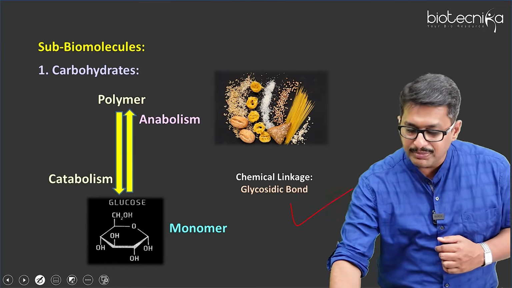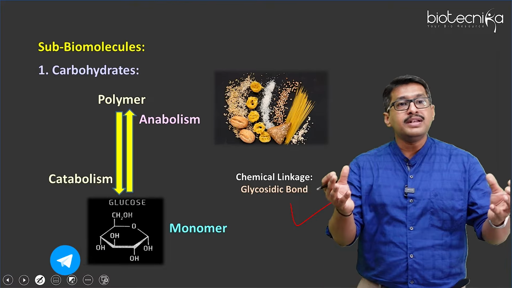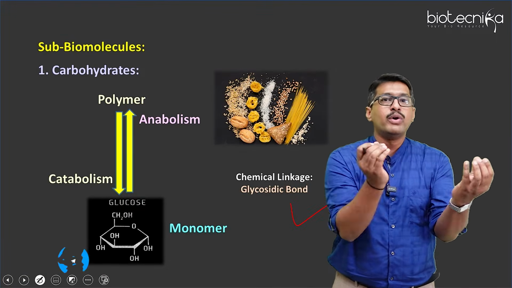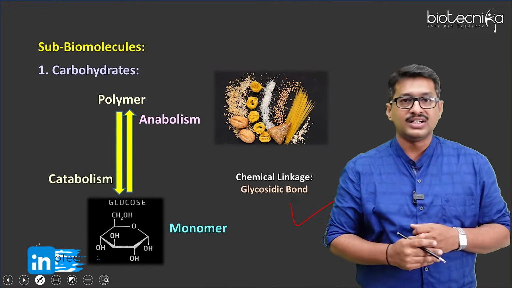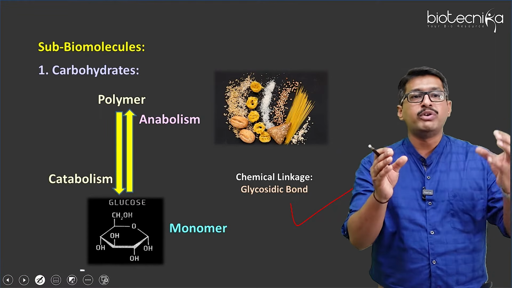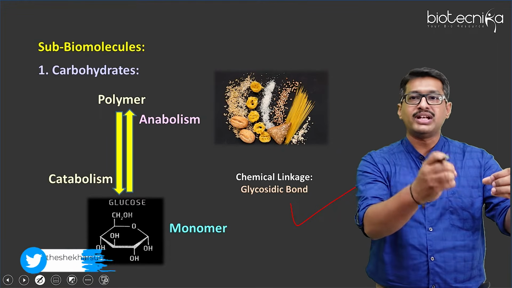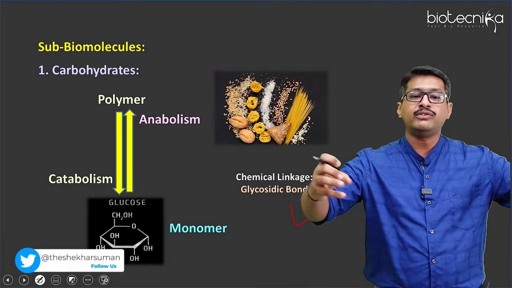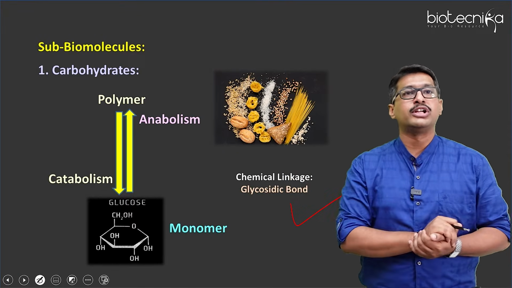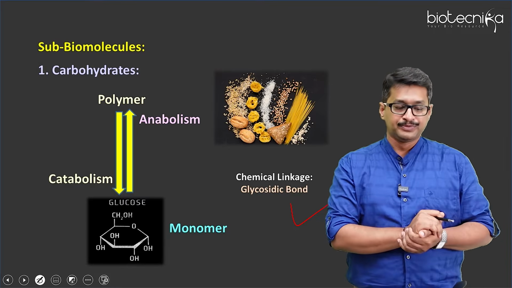This is mainly possible because of the combination of one glucose molecule with another glucose molecule with a bond, and this bond is called glycosidic bond. Now, glycosidic bond is a bond which bridges one glucose unit to another glucose unit, so that a chain of glucose units will then develop a macromolecule, and this macromolecule is called carbohydrate.